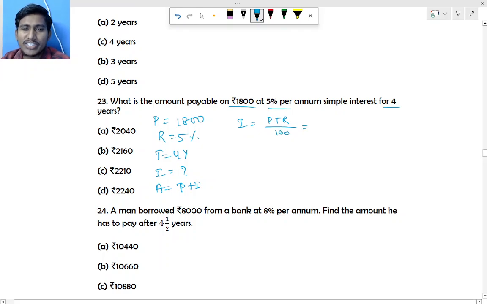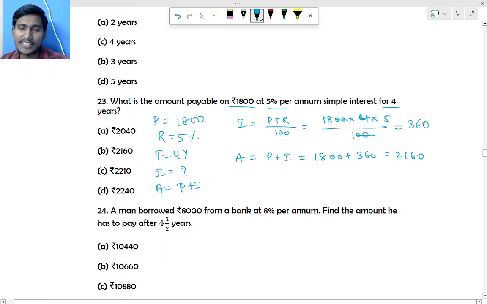Principal is 1800 into time 4 into R 5, divided by 100. Cancel the 2 zeros. 18 into 4 into 5: 5 4s are 20, 20 18s are 360. That is the interest. So amount will be principal plus interest: 1800 plus 360, total 2160. Answer is option B.